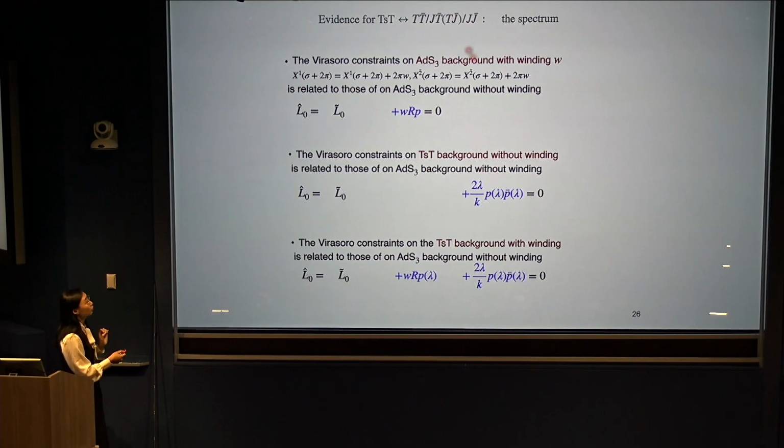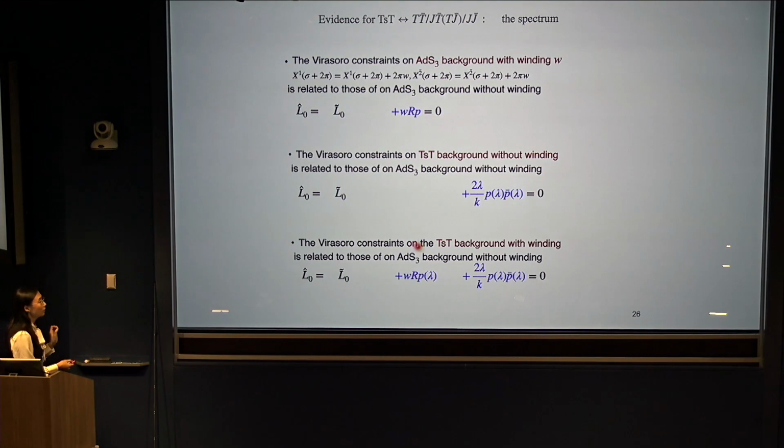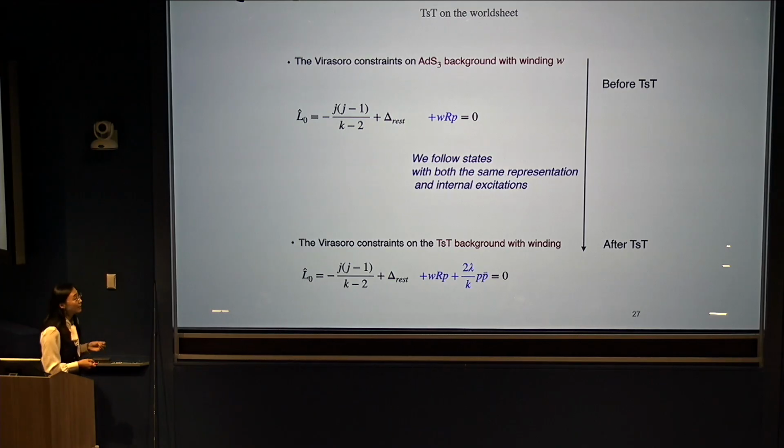And the spectral flow parameter, this W, will depend on a momentum. So that's why it introduces a term like lambda P P bar here. And finally, if we combine these two effects together, we have ordinary winding, and also we have TsT.